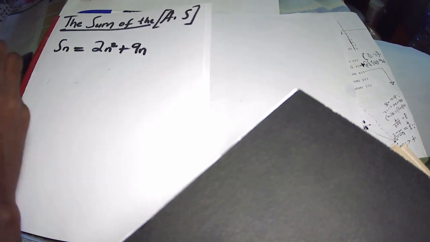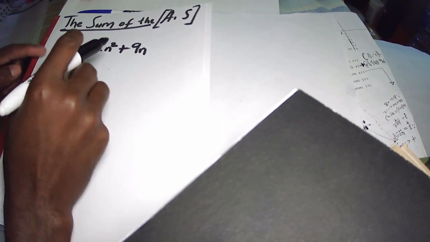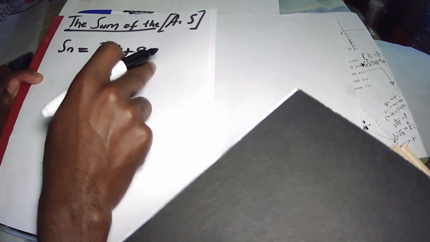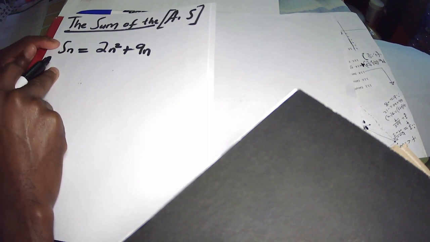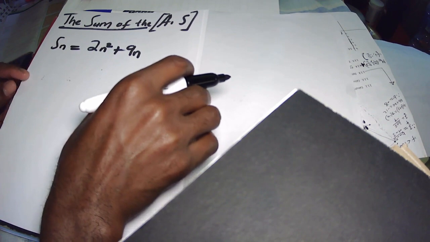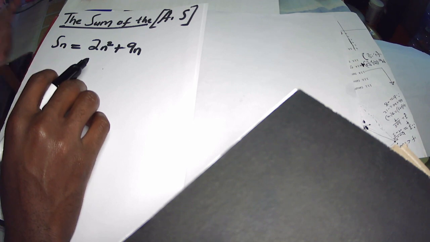So what you need to know when deriving this is that we are looking for terms, but we are given the sum. What do you need to do in order to change the sum into terms?